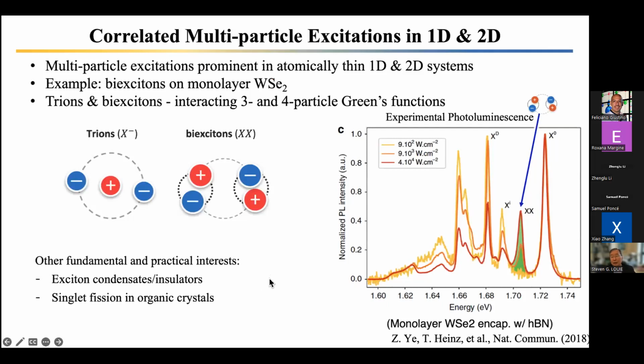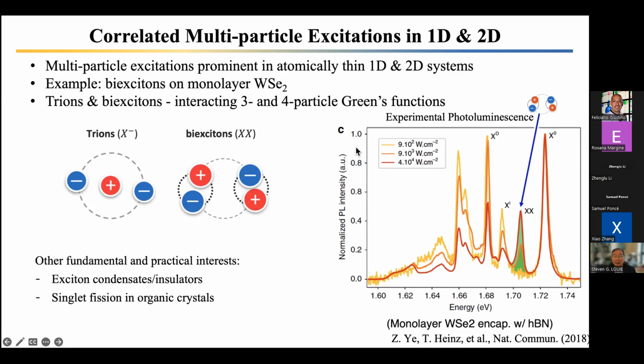So let me first give you some examples of correlated multi-particle excitations in 1 and 2 dimensions. Since electron interaction is enhanced in reduced dimensional systems, it's not surprising that the multi-particle excitation becomes more prominent in the atomically thin 2D system. The example I give here is for bi-excitons in monolayer tungsten diselenide.